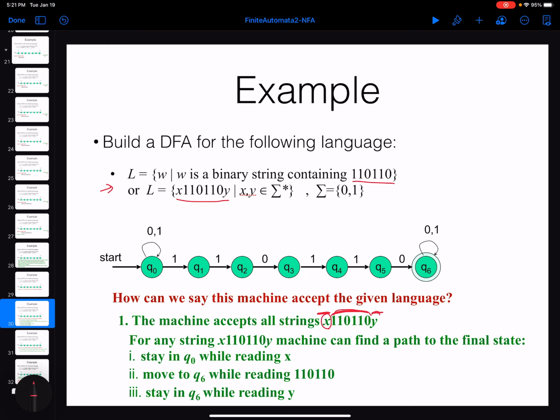So if you have a string that has the pattern, you can divide it in this way.